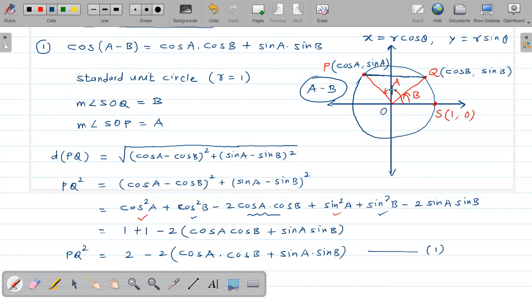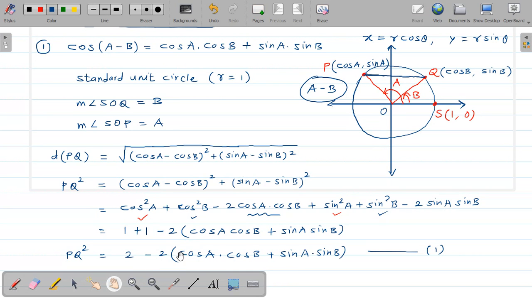Here we consider this is angle A, this is angle B. So if we join the chord PQ, then with respect to the arc PQ, the angle will be A minus B. That's why we have calculated the distance PQ. So PQ square is 2 minus 2 times cos A into cos B plus sin A into sin B, and consider this is equation number 1.